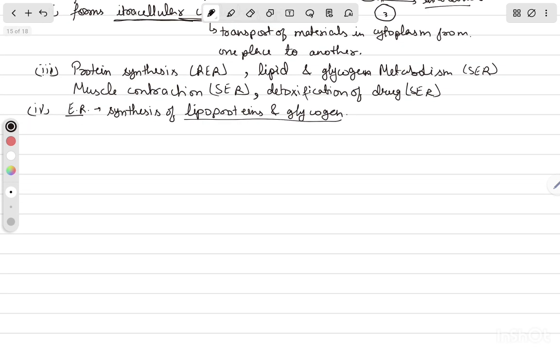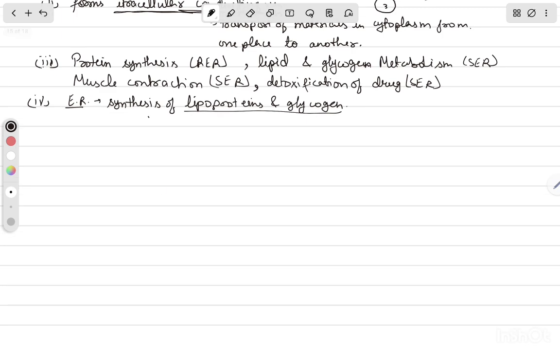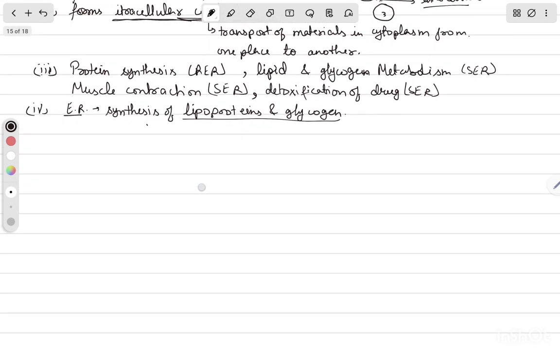Other than that, it is involved in membrane biogenesis. That is not really important, right? So these are the function of endoplasmic reticulum.